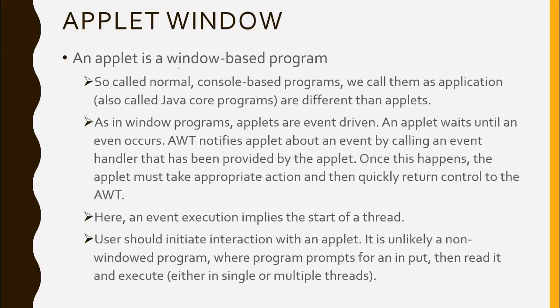That means you are either clicking a button or you have entered something, or you moved around above a particular window and some information shows up. Somehow hovering the mouse over a particular space, something happens. So there is some kind of event that drives the application to do something. An event execution implies the start of a thread. Something happens, so it starts something, and it needs to be understood.